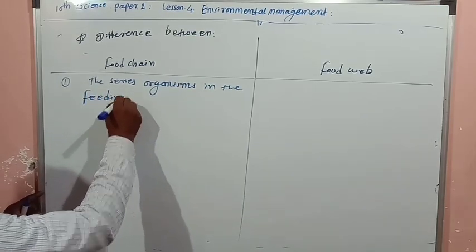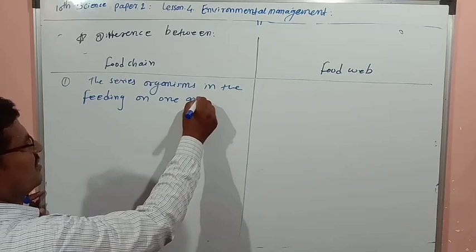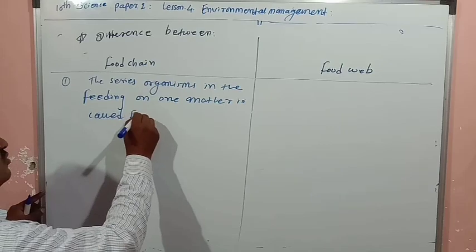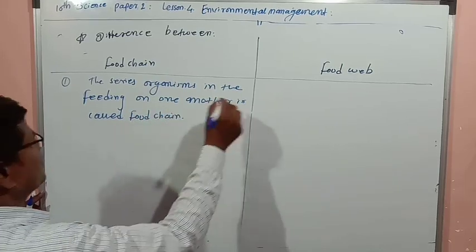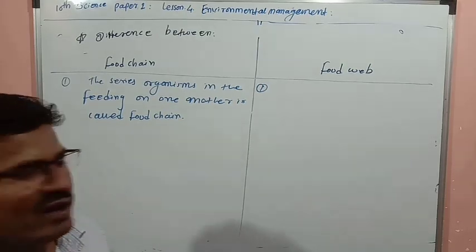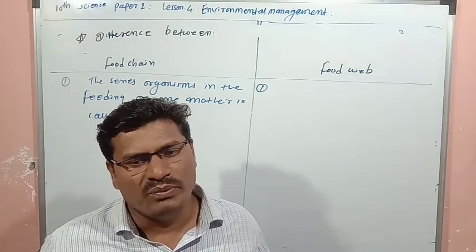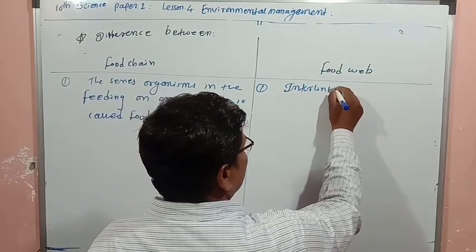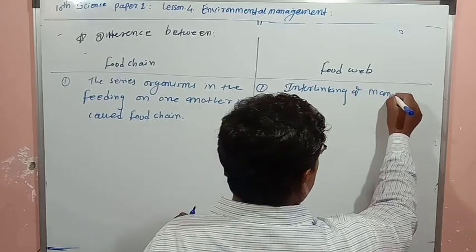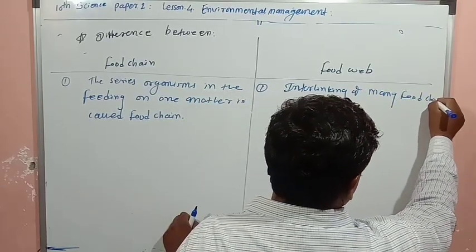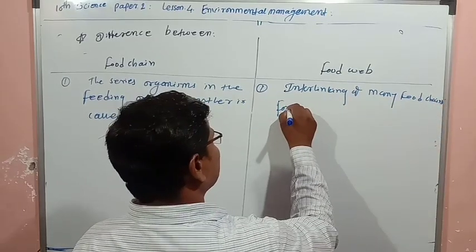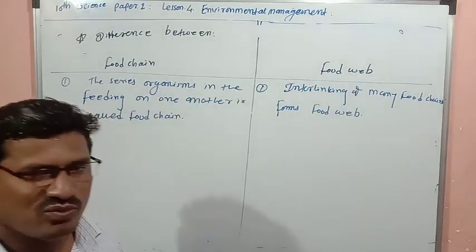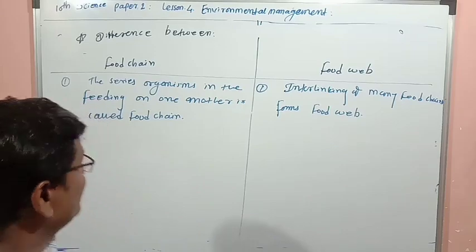And in case of the food web, interlinking of many food chains forms the food web. Many food chains get interconnected, then it forms a food web.